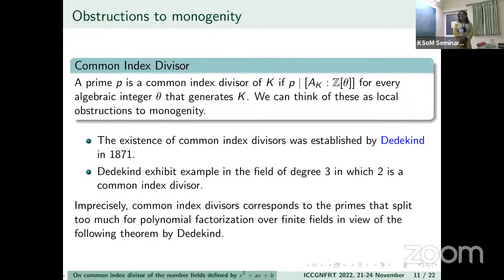He showed that for the field Q(theta), where theta satisfies x^3 minus x^2 minus 2x minus 8, in that case, 2 will be a common index divisor of K.